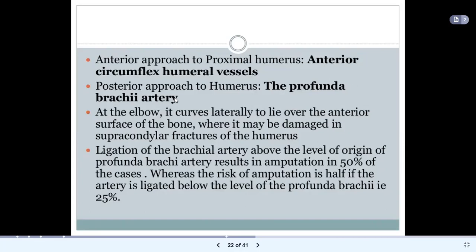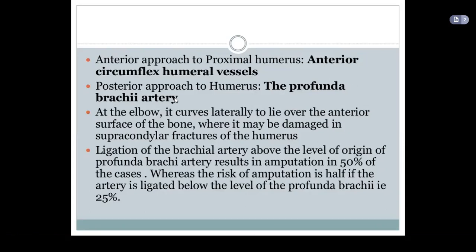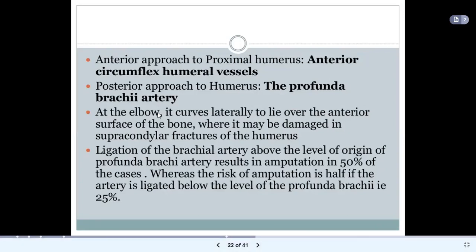The profunda brachii artery runs posterior to the brachial artery. And at the elbow joint, it curves laterally to lie over the anterior surface of the bone, where it may be damaged in supracondylar fracture of the humerus.